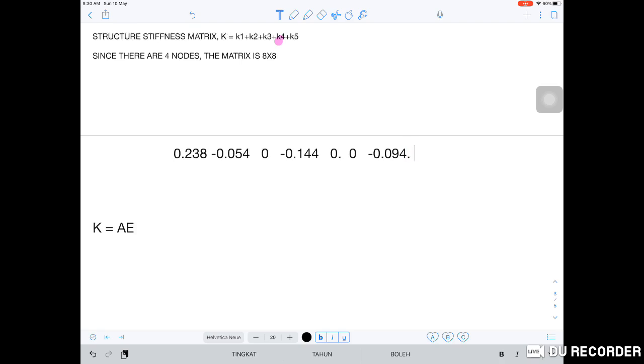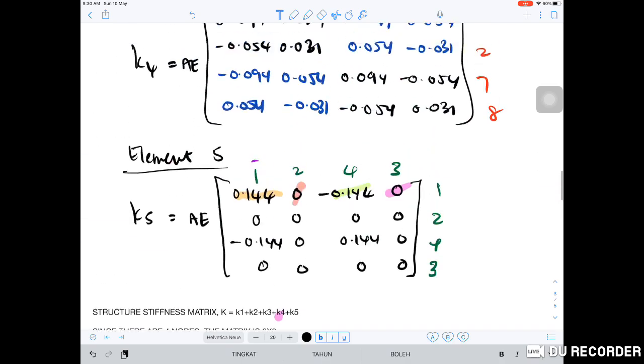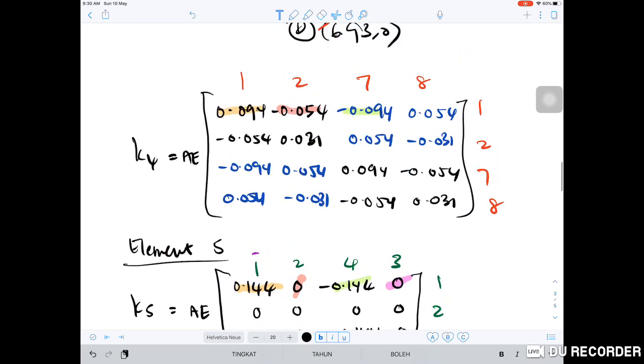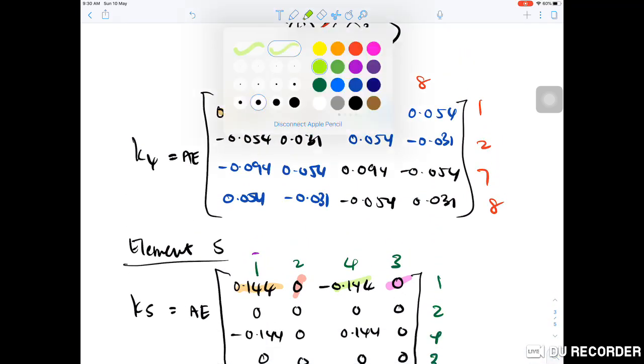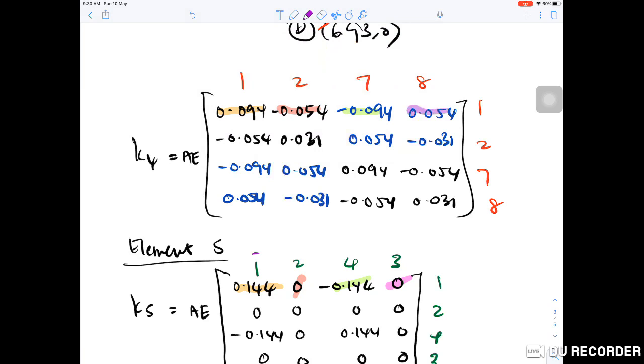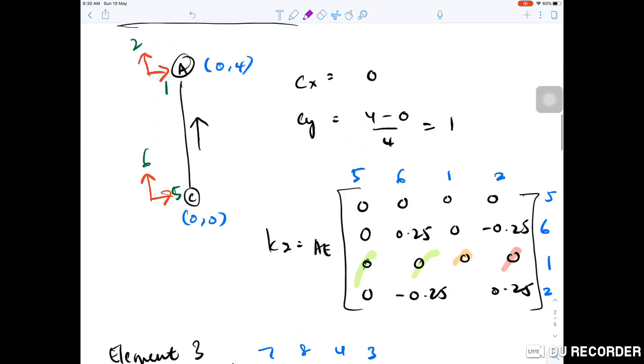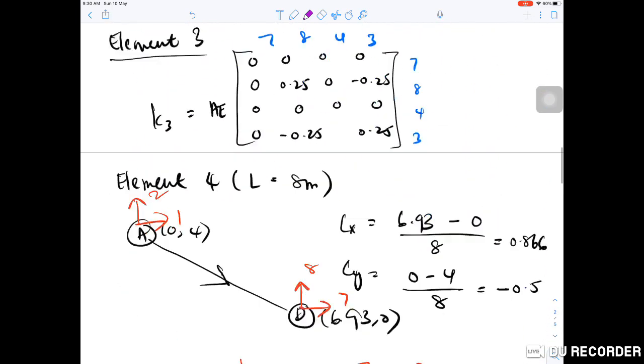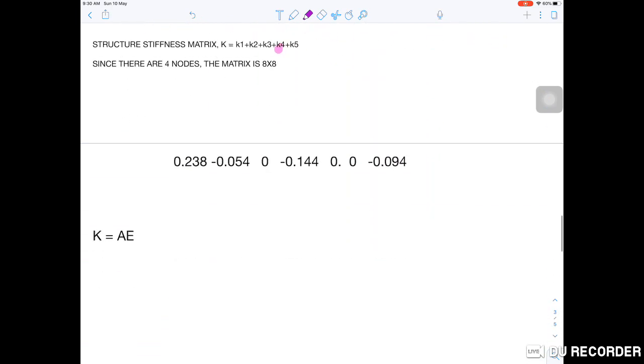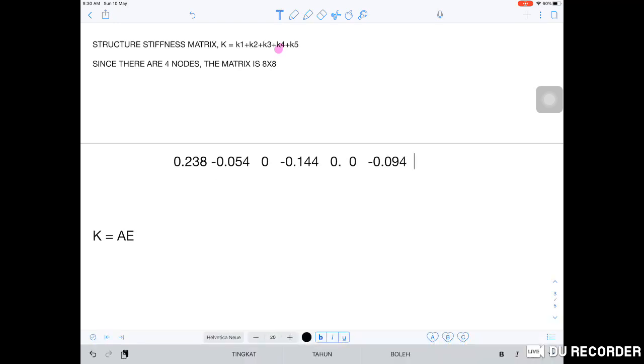Okay, we go to 1 8. Here 1 8 is 0.054, and no other 1 8. It is 0.054.